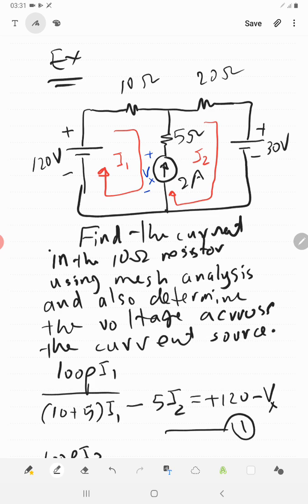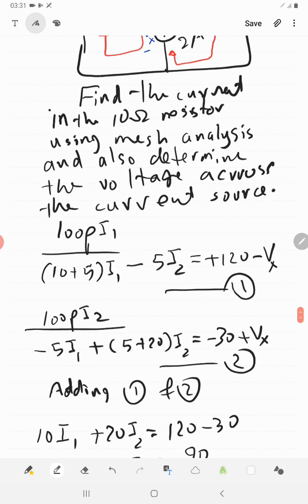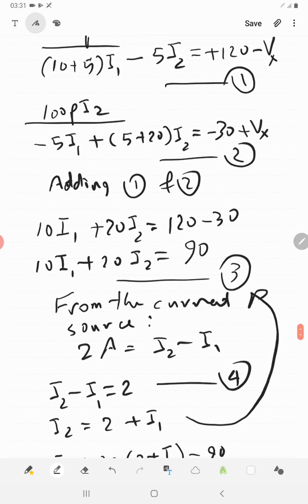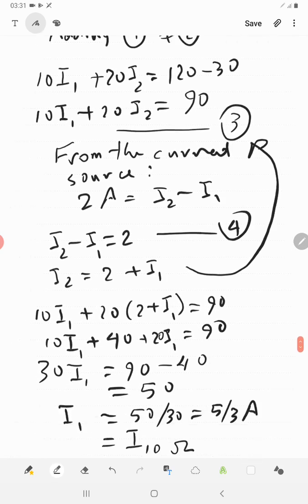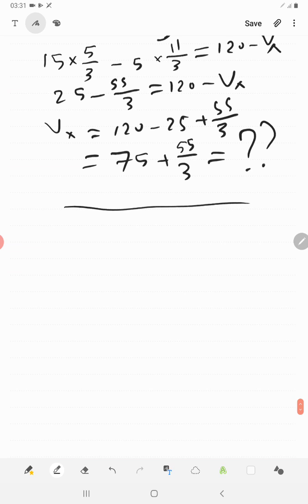And if we want to determine Vx, we substitute I1 and I2 we obtain in either equation 1 or 2. So that's basically the method of mesh analysis.